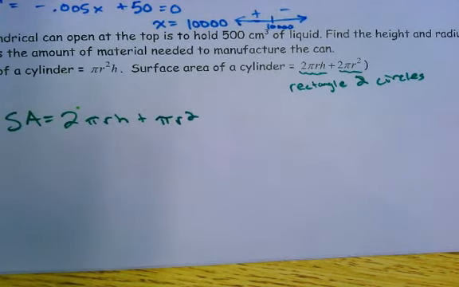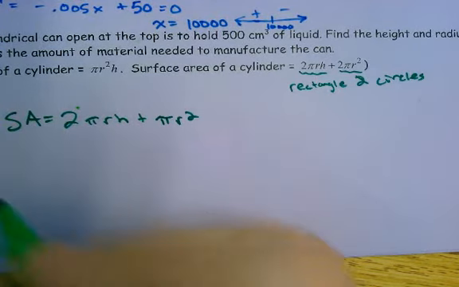I cannot take this derivative yet because I have too many variables. Is there a helper equation that can assist me? Maybe it has to do with the first sentence. What's the volume?